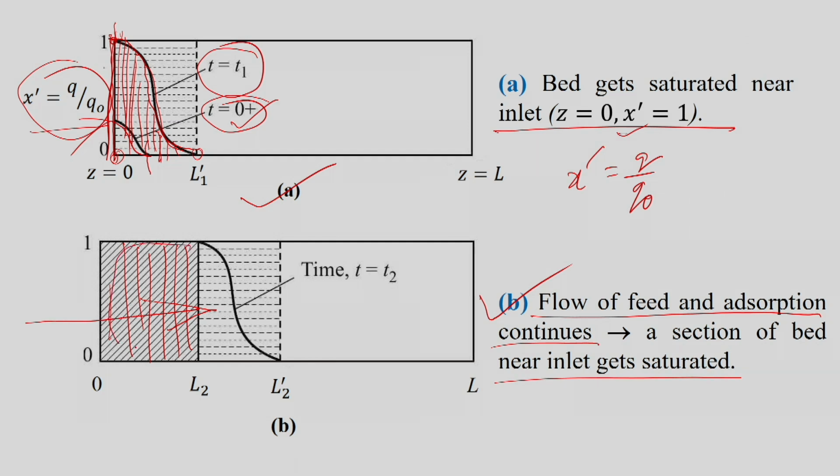So this portion is already saturated, and we can assume this is the situation when t is equal to t 0. With time, from the entry point, all the solutes are adsorbed by the adsorbate and they will be saturated. Saturated means it will not take further adsorbate from the feed.